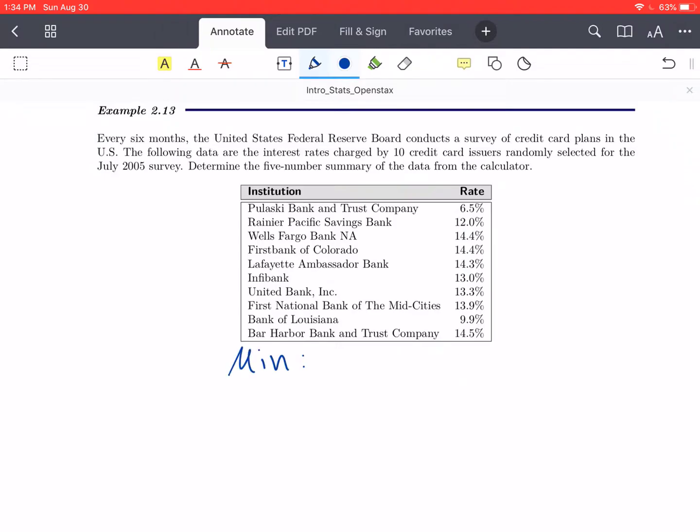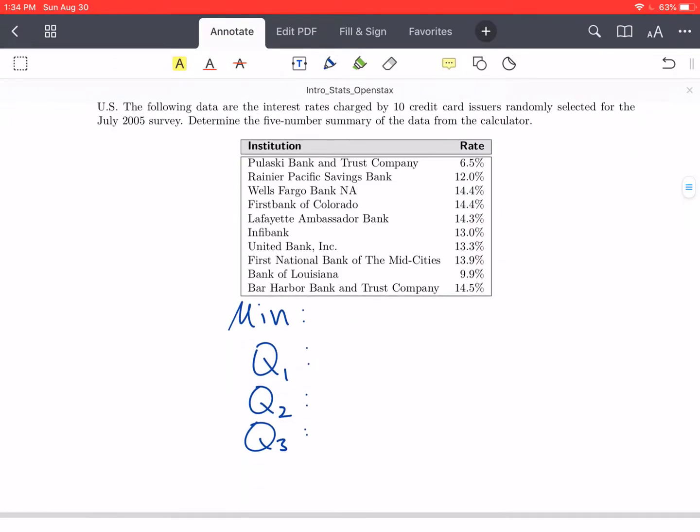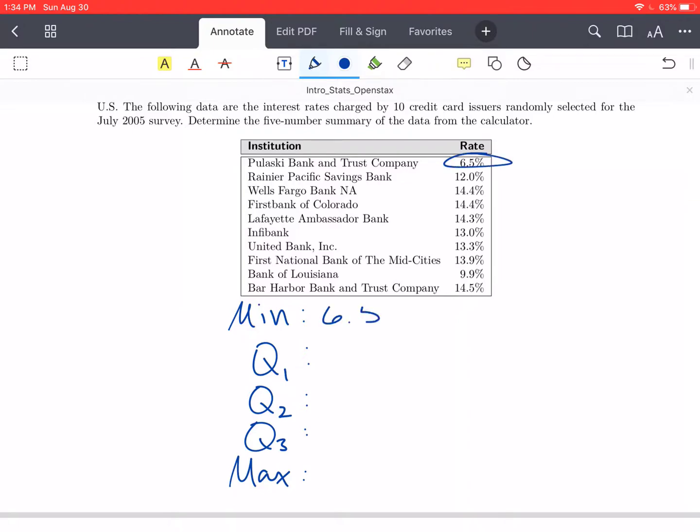We need the 5-number summary: the minimum, first quartile, second quartile, third quartile, and the maximum. The min is the smallest value, that's 6.5. The max is the largest value, which if you go through, that's going to be 14.5.